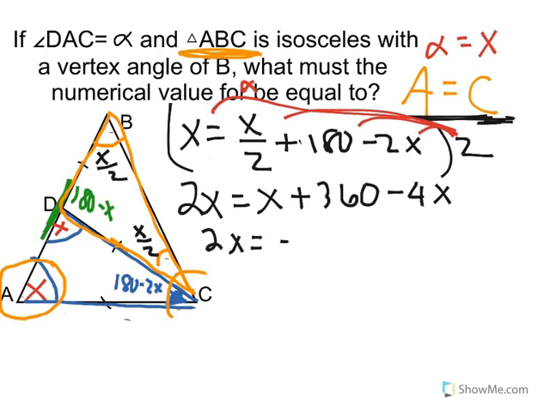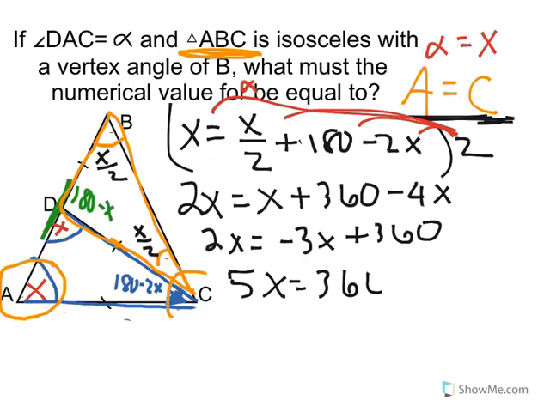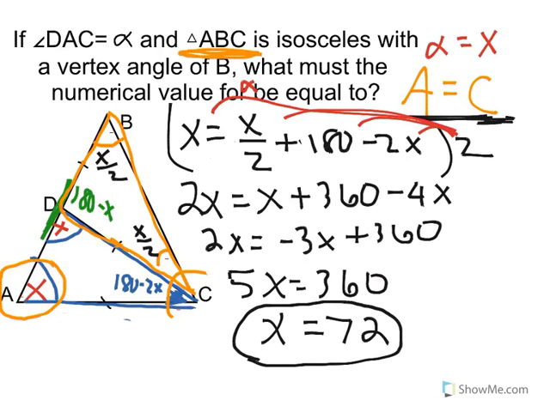So 2x is equal to negative 3x plus 360. Add 3x to both sides and you get 5x is equal to 360. And x is going to equal 72. So we did what we were asked to do. We found the numerical value for x. So we're good.